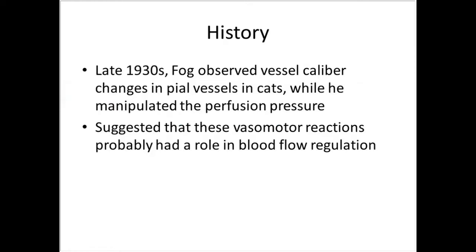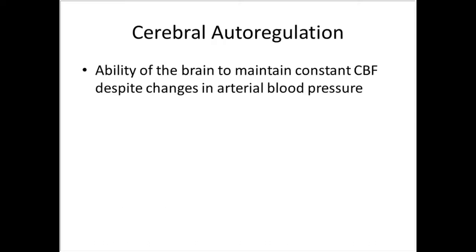And he suggested that these vasomotor reactions probably had a role in blood flow regulation. So we define cerebral autoregulation as the ability of the brain to maintain constant cerebral blood flow despite changes in arterial blood pressure.